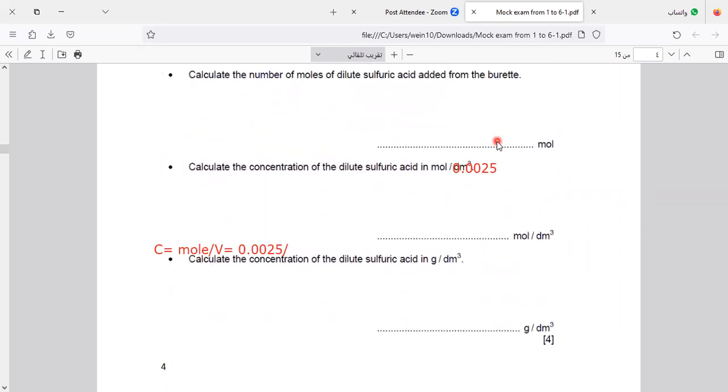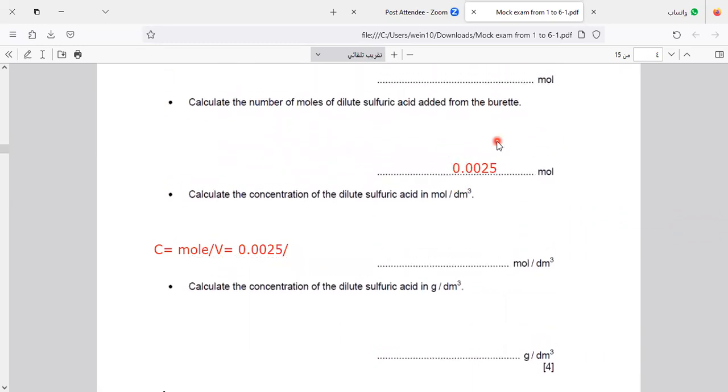Here, you must say 20 divided by 1,000 first of all. 0.02. So here, moles divided by volume, which is 0.02.